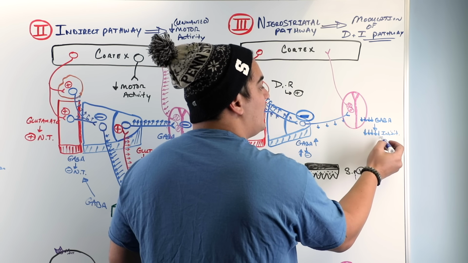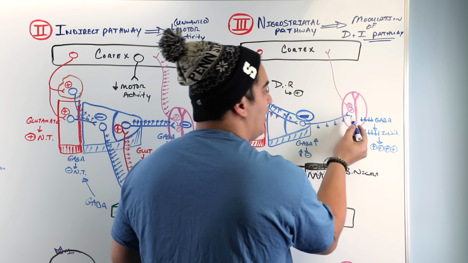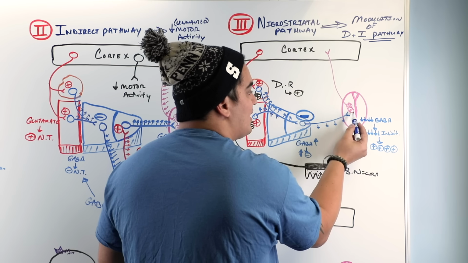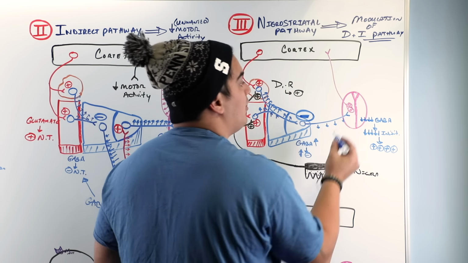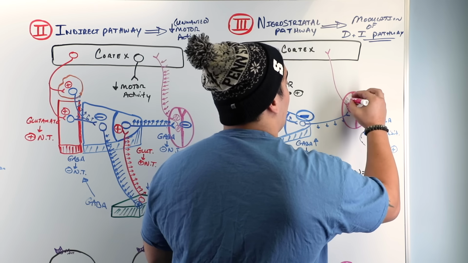So if there's a significant decrease in inhibition, that's going to result in extra stimulation of the thalamic nuclei. So again, fewer action potentials, less GABA, less inhibition, more than normal stimulation on the thalamic nuclei. Now those thalamic nuclei are released from inhibition significantly, and they're going to fire like crazy.